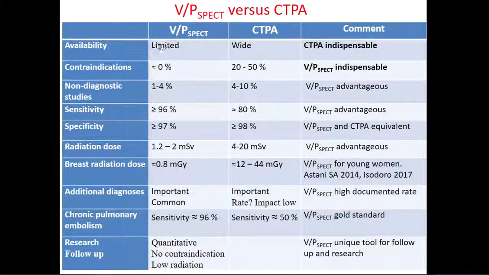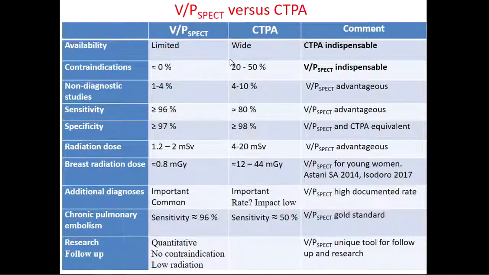If we make a brief comparison between ventilation perfusion SPECT and CTPA, we have a weakness: the availability of ventilation perfusion SPECT is low compared to CTPA. That's the only reason why CTPA is indispensable in the clinical routine.